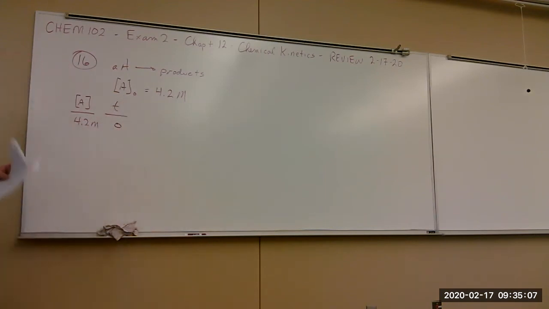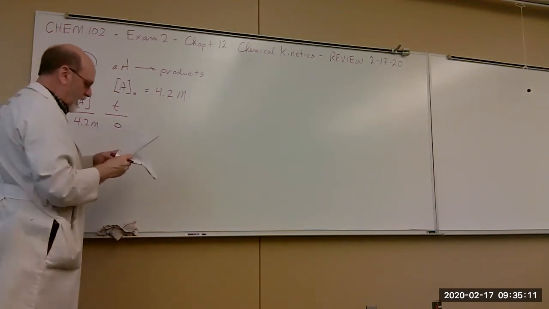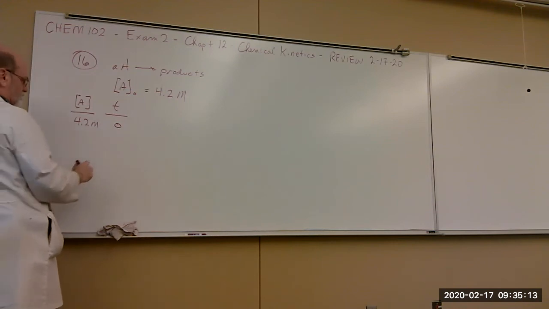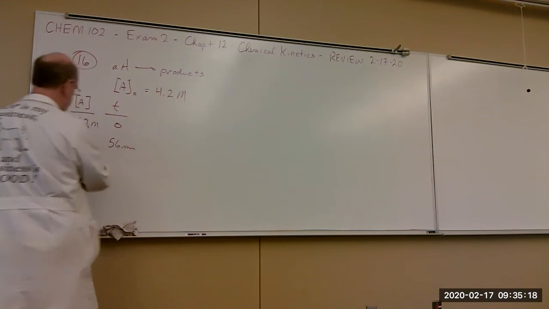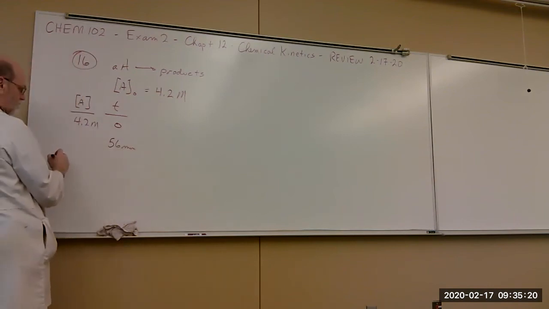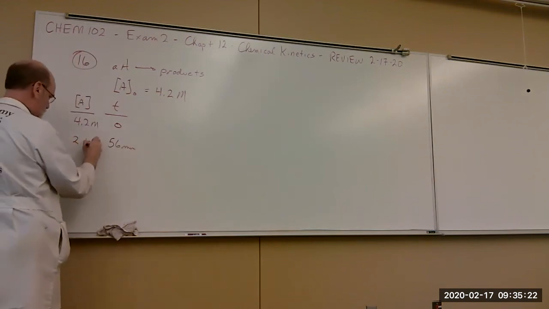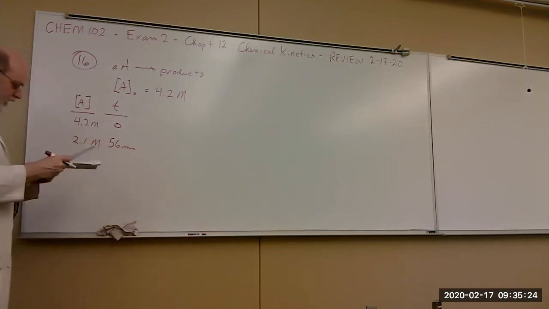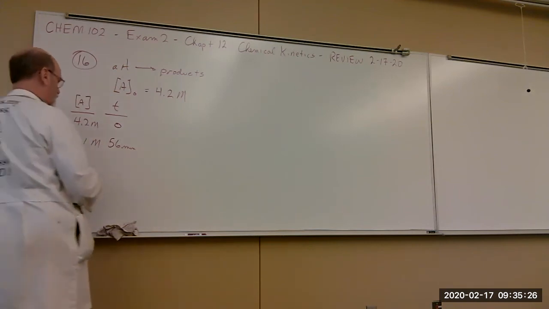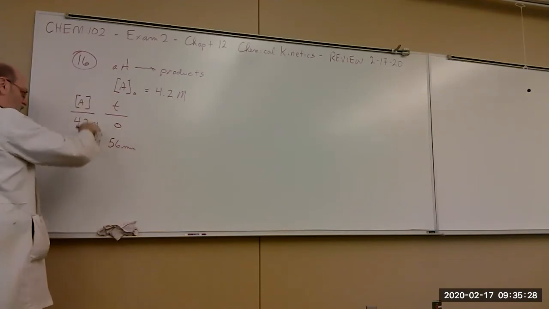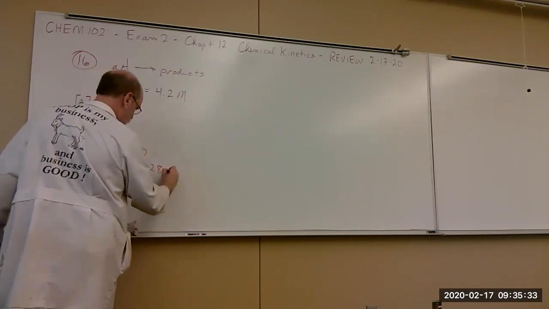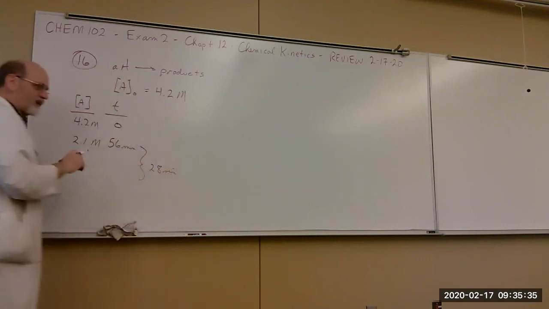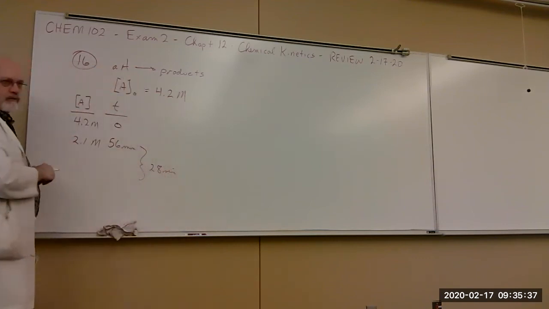Okay. Now, the information we're given is the first half-life is 56 minutes. So after 56 minutes, how much A do we have? The second half-life is 28 minutes. But in our table, this is 28 minutes, right? What that means is the second half-life has a new starting point.